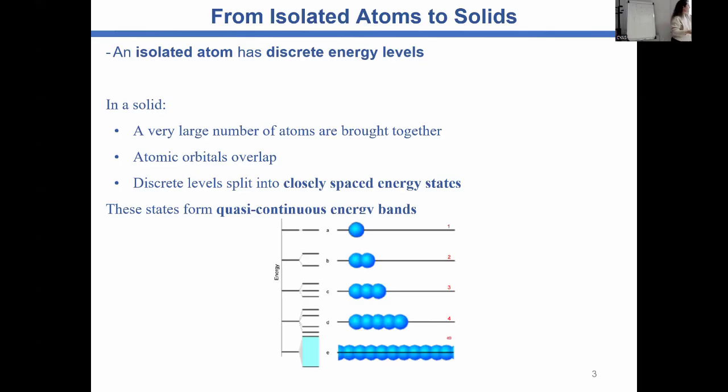So if, for instance, we join two atoms that have some chemical bonding between them, a covalent bond, the energy of one atom will be split in two, and we call these bonding and anti-bonding energy.